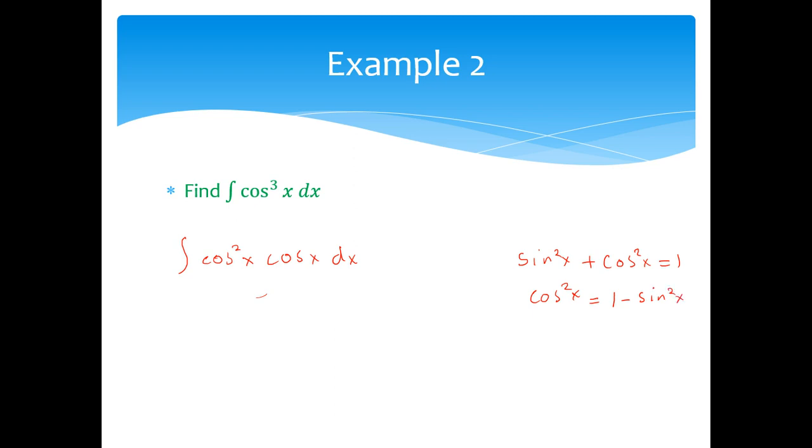And then now we do the substitution. So instead of cosine square of x, I'm going to write 1 minus sine square x, all squared, times cosine of x dx.